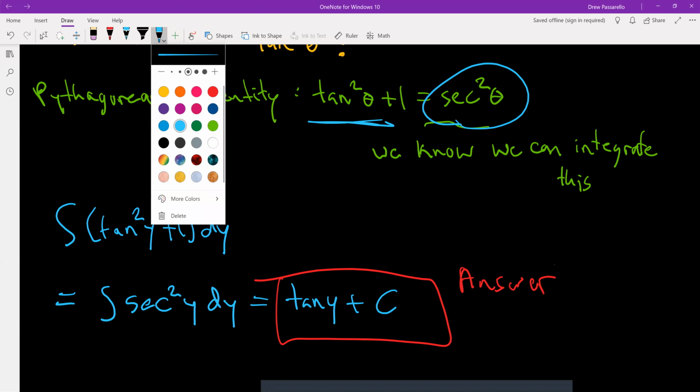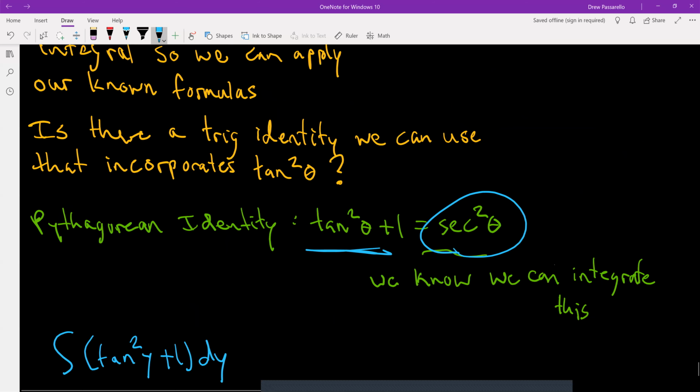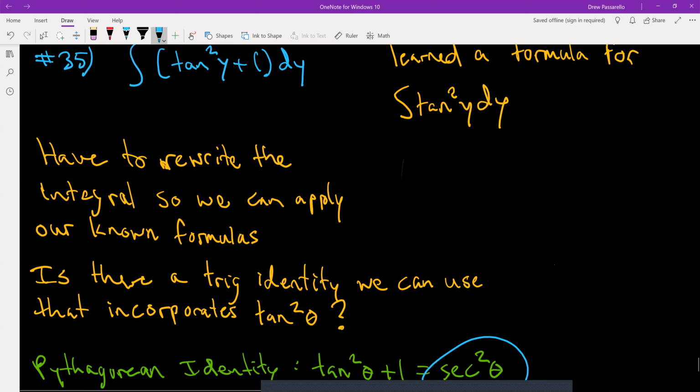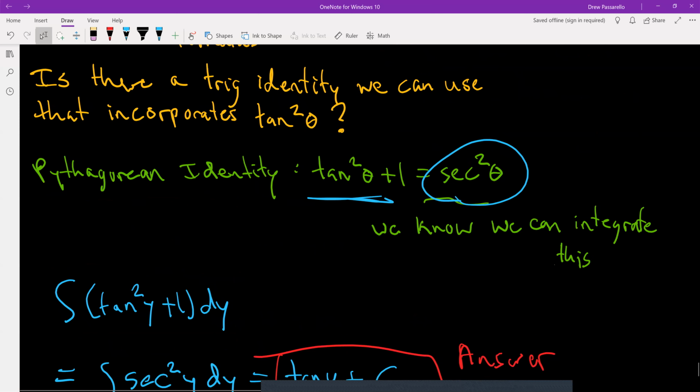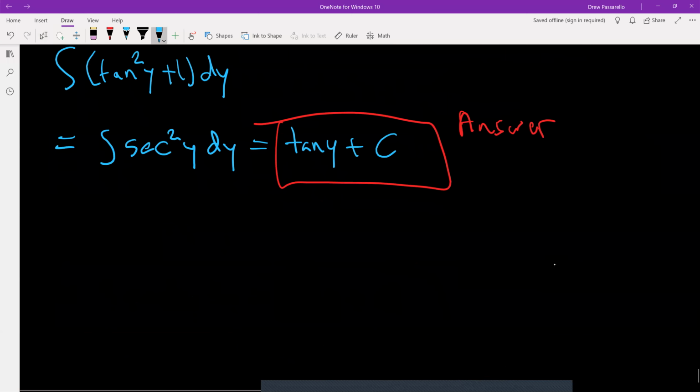That's one where we had to utilize some identity to rewrite the problem, because there's not a formula in our list that we can apply to tangent squared y. Now you might have tried converting into sines and cosines, but it might make it more complicated.